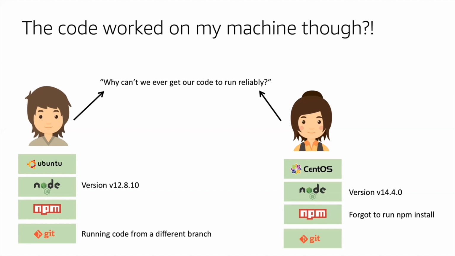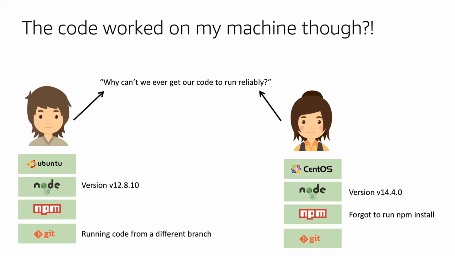So for example, in this example, I've highlighted two different developers, and it turns out they're running different versions of the operating system. They're running different versions of the Node.js runtime. And one developer forgot to run npm install to have the latest version of the dependencies. And then one of the developers is also running code from a different branch of the code repository.